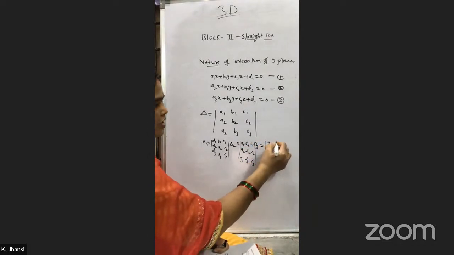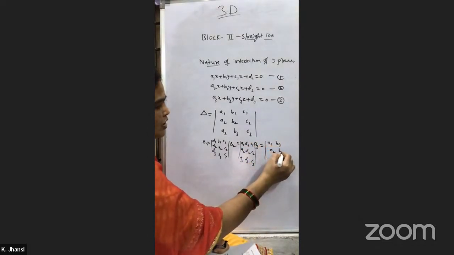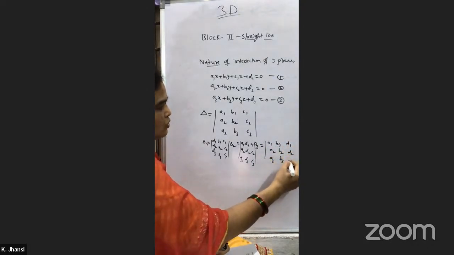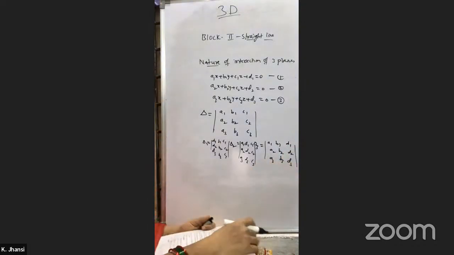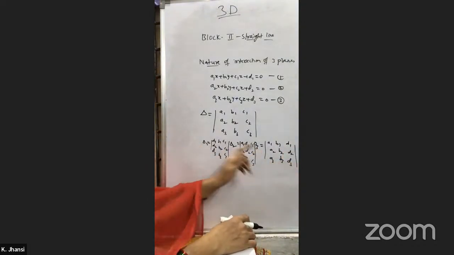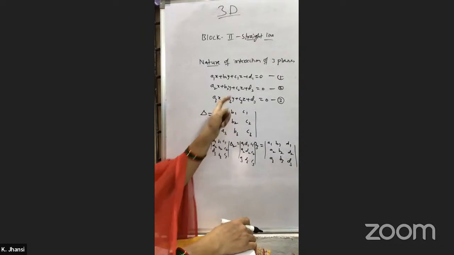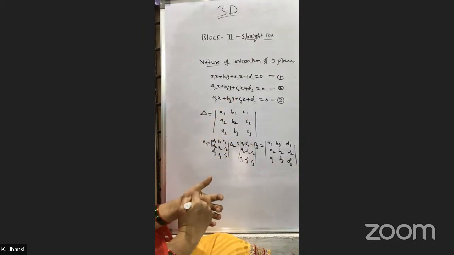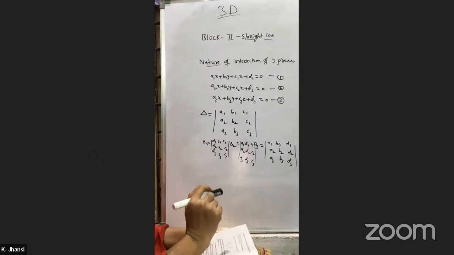Then A1, B1, A2, B2, A3, B3, next D1, D2, D3 in place of the third column. If you write these, you will get delta 1, delta 2, delta 3 values. Delta is just the coefficients of X, Y, Z. So by this, you will get all the values.